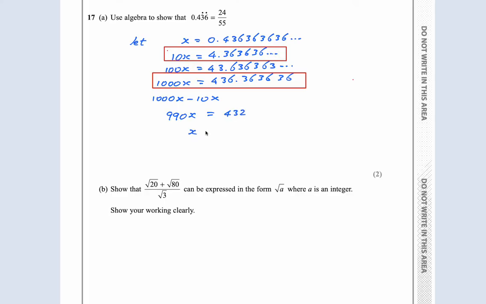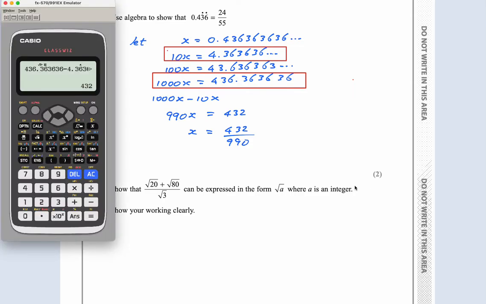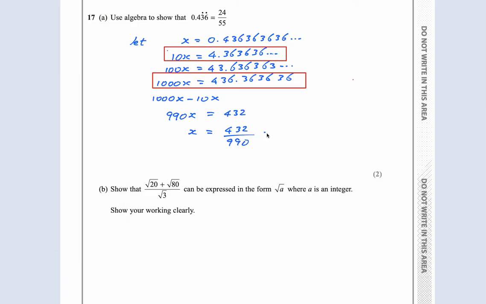Then I can say x is equal to 432 over 990. And guess what 432 over 990 is? Well, you can put that into your calculator. 432 over 990 gives me 24 over 55, which I expected because it's there, equals 24 over 55.